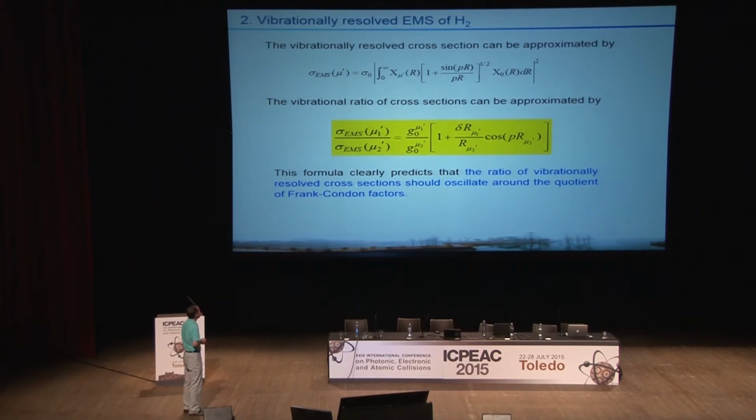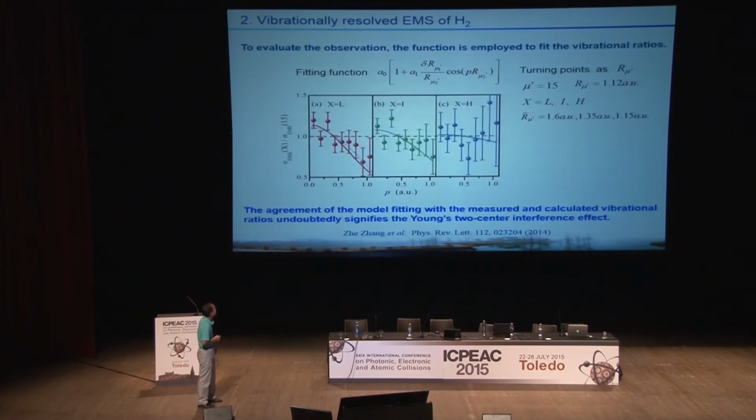This formula clearly shows that the ratio of the vibrationally resolved cross-sections should oscillate around the quotient of the Franck-Condon factors.